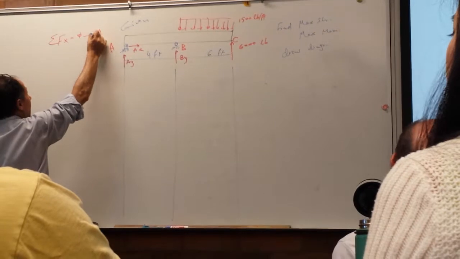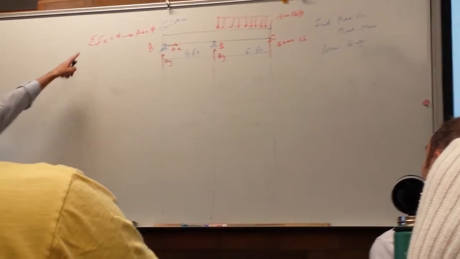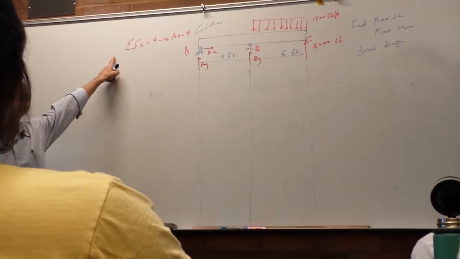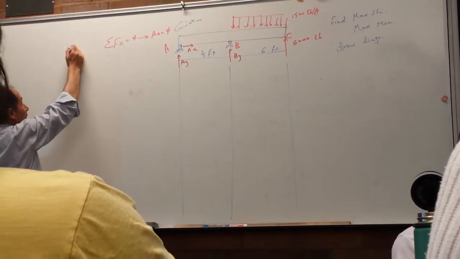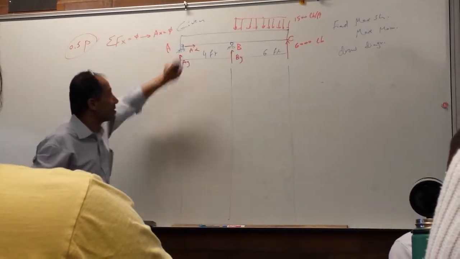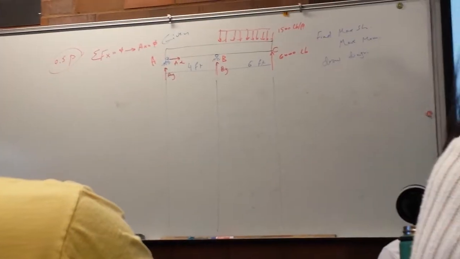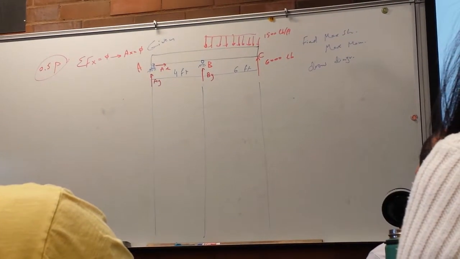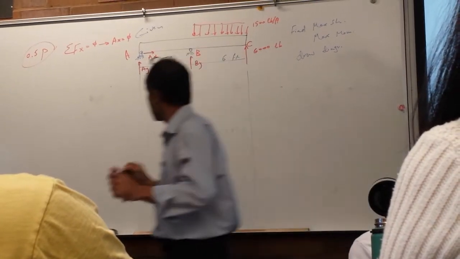That means AX equals 0. You see this statement is half a point, for this and this. You need to show it. You need to pay attention to details and put everything.